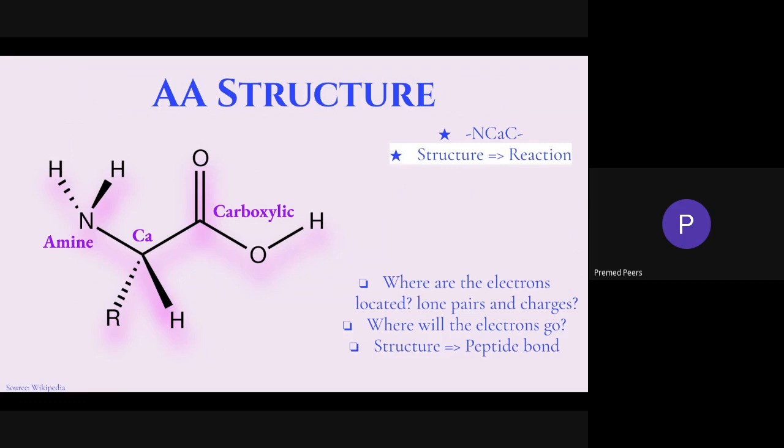Then you can predict how the peptide forms. Basically, the lone pair on the amino group is attacking the carboxylic carbon and allowing the peptide to be formed. And in that reaction, you're going to have a release of a water molecule.